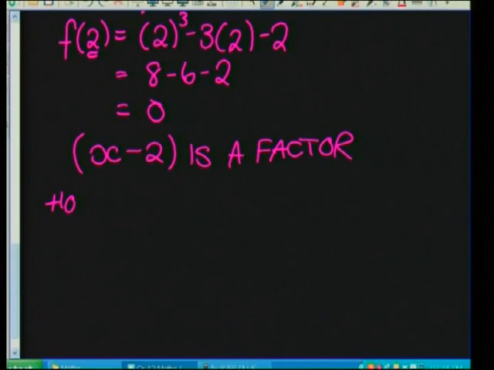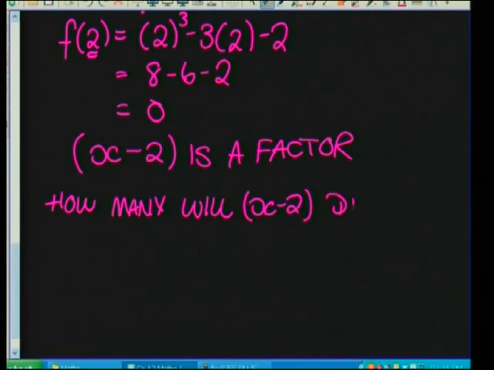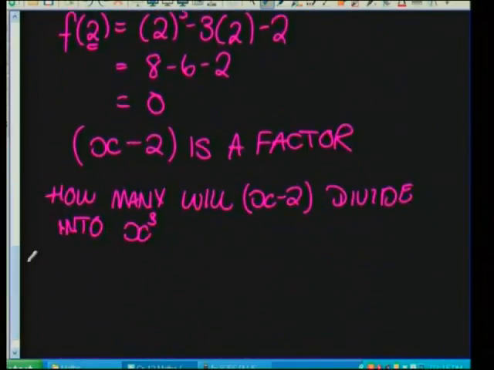Okay, so let's see what we're going to do. I need to work out how many times x minus 2 will divide into the equation, which was x cubed minus 3x minus 2.